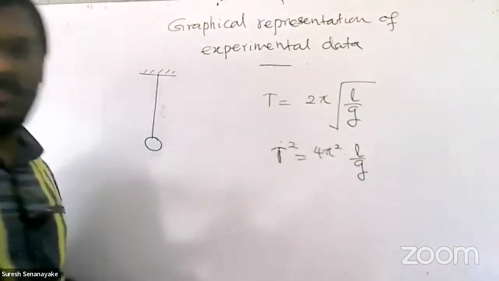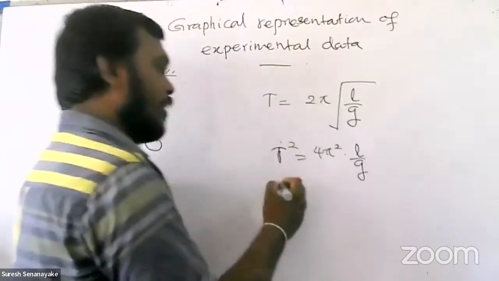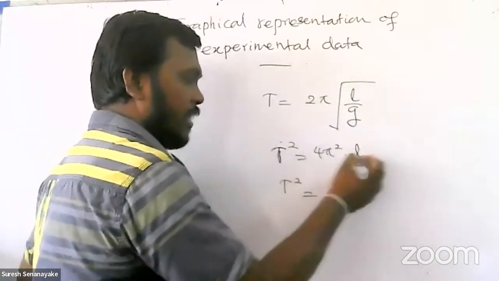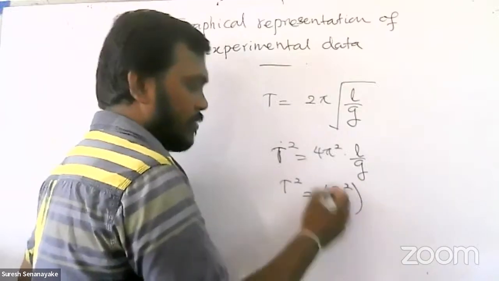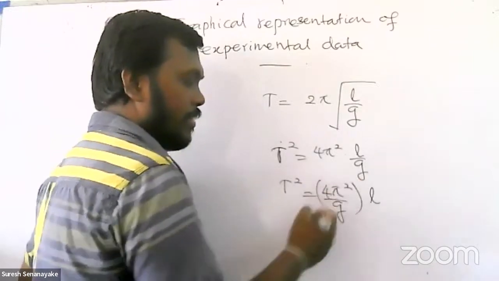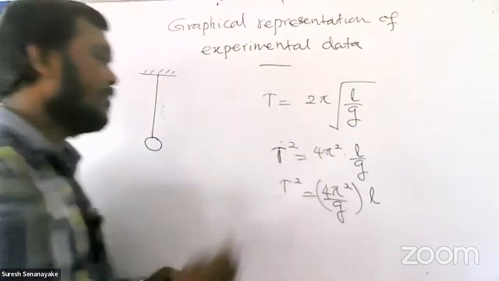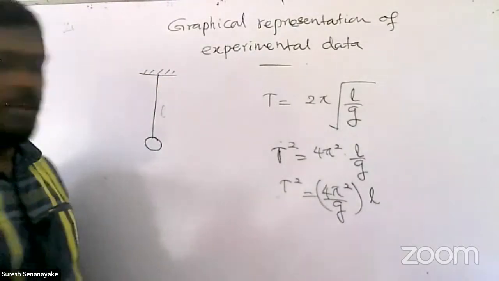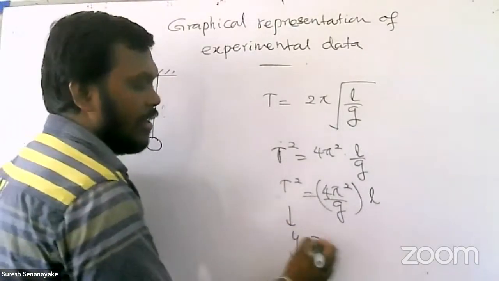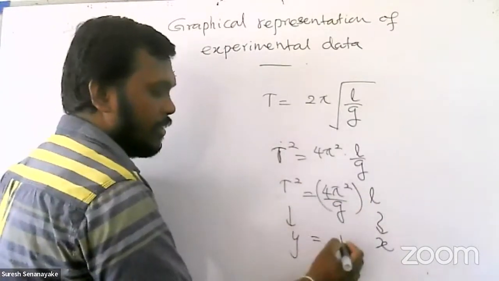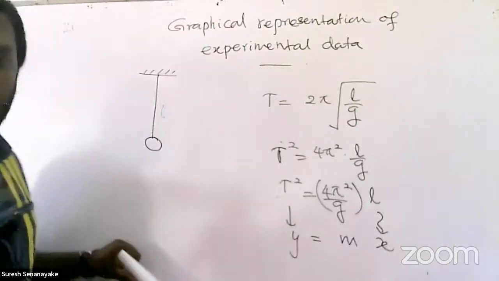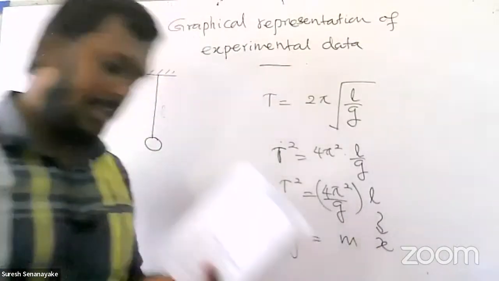Then there's no square root. So you can change the length, no? So that length part is taken as the independent variable, and T square is taken as the dependent variable. So this is on the y-axis and this is on the x-axis. So this part, 4 pi square over g, will be the gradient of the graph. So that's the way you need to rearrange it.